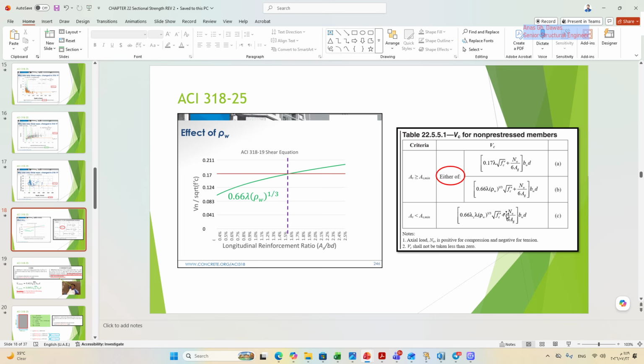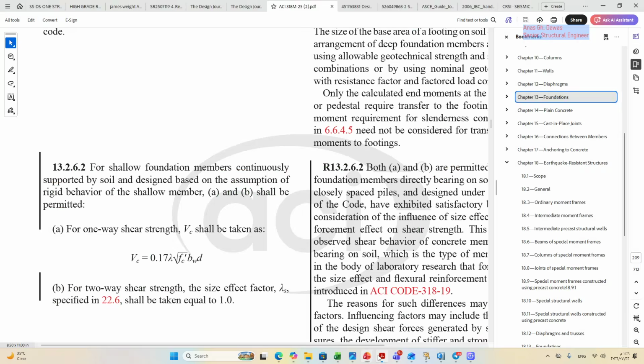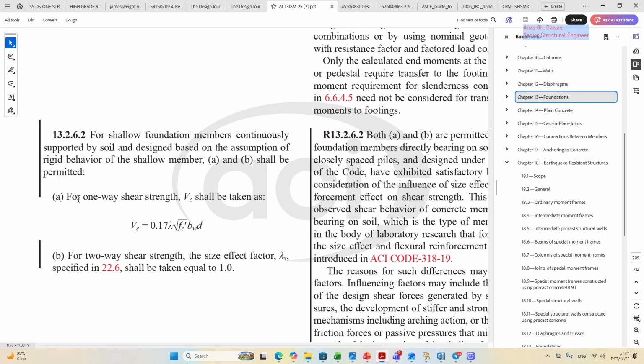Equation C required a lot of reinforcement and required increasing the depth of the foundation. But now I believe ACI members recognized that that equation is not suitable and resulted in a lot of loss in the cost of the projects.